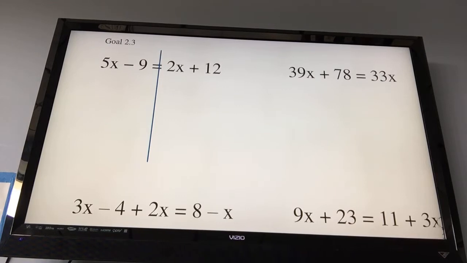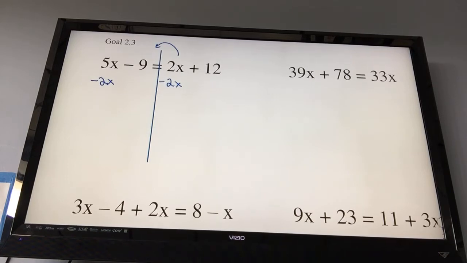So that means that this needs to move over that way. It is a positive 2. So if I'm going to move it, as we did with our constants, I'm going to minus it. Now, I want you to note where I'm putting it.